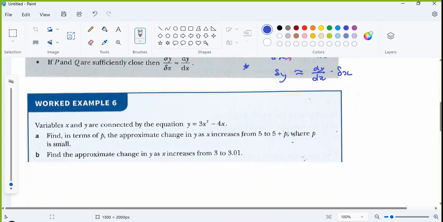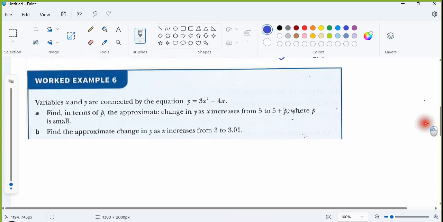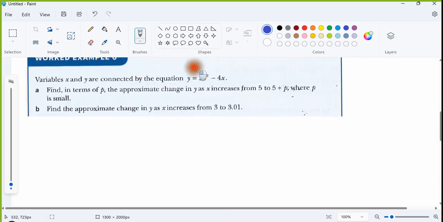Okay, so we look at example number 6. Variables x and y are connected by the equation y equals 3x squared minus 4x. Find, in terms of p, the approximate change in y as x increases from 5 to 5 plus p. So this is x, and this is x plus del x.